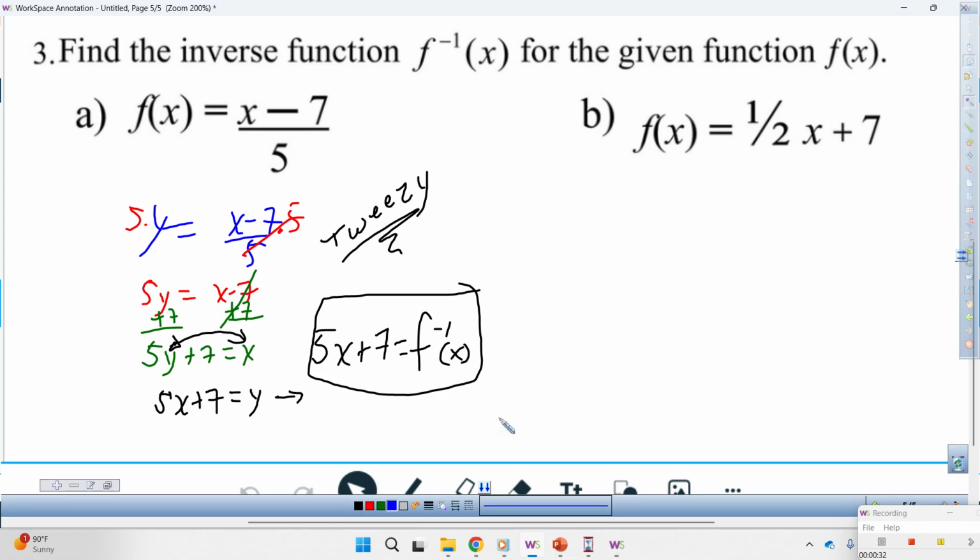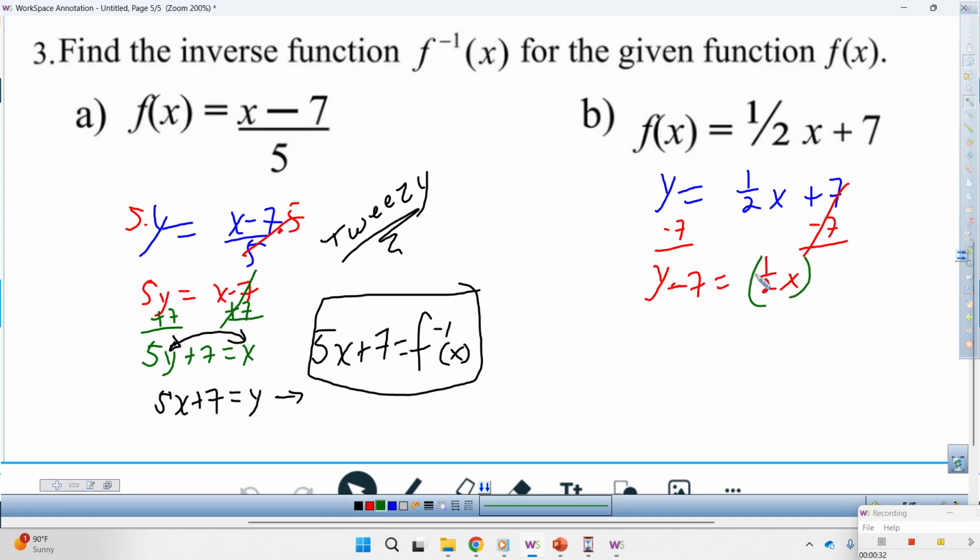Looks like he's got it. Answer, Julian. 3b. Like in halves? All right, here goes again. Y equals 1/2 x plus 7. We get rid of the 7 by subtracting 7. We end up with y minus 7 equals 1/2 x. How do we get rid of that fraction, people?